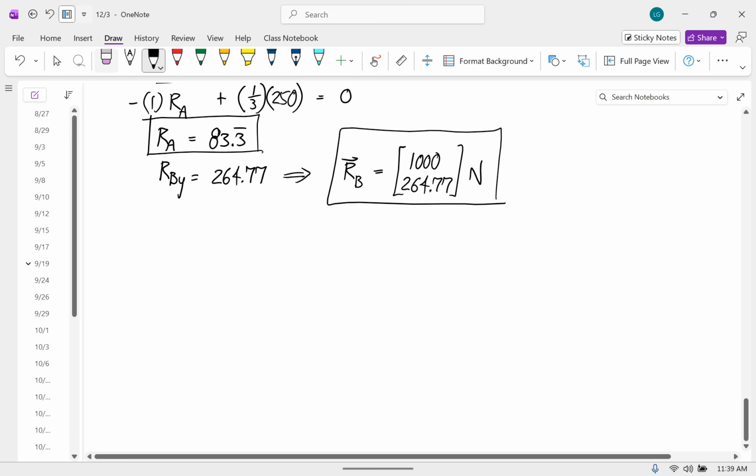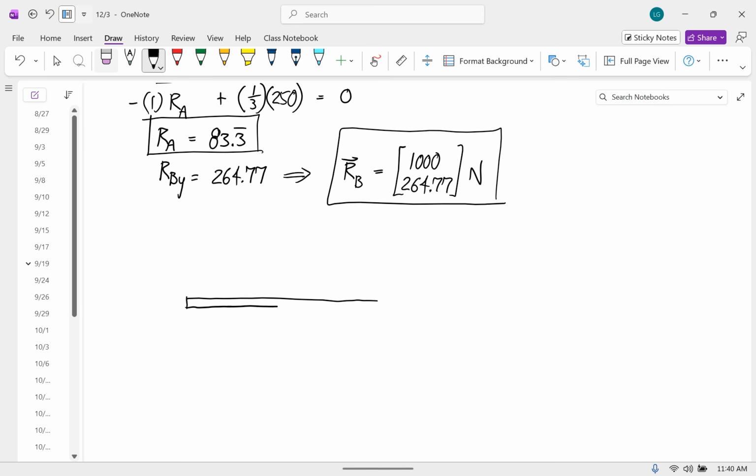Okay, so if I draw a free body diagram, it's going to get a little cluttered, but we have 83.3 repeating here.